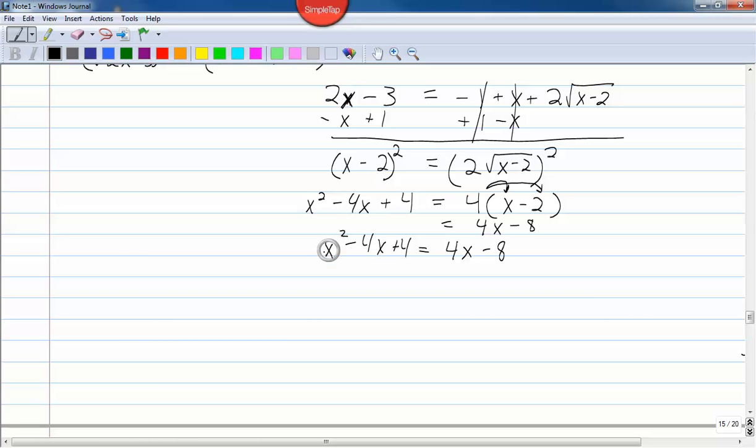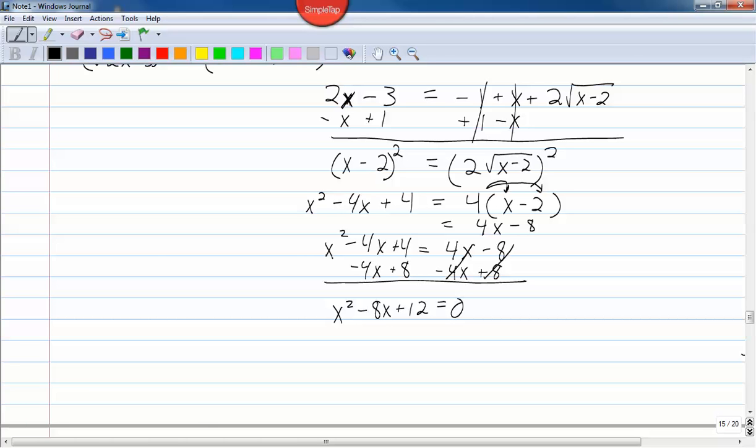Since you have an x squared in the equation, this is a quadratic. So you're going to have to move everything to one side and try to solve. So I'm saying minus 4x and plus 8. Minus 4x and plus 8. So I have x squared minus 8x plus 12 equals 0.